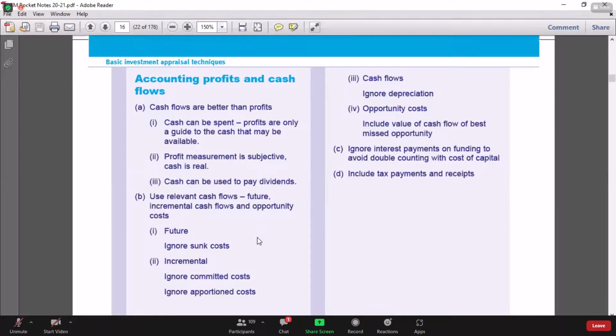Ignore the committed cost, and ignore the depreciation. Now opportunity cost includes the value of cash flow of the best missed opportunity. So here, as I mentioned, we need to consider the opportunity cost which will have an effect on the cash.